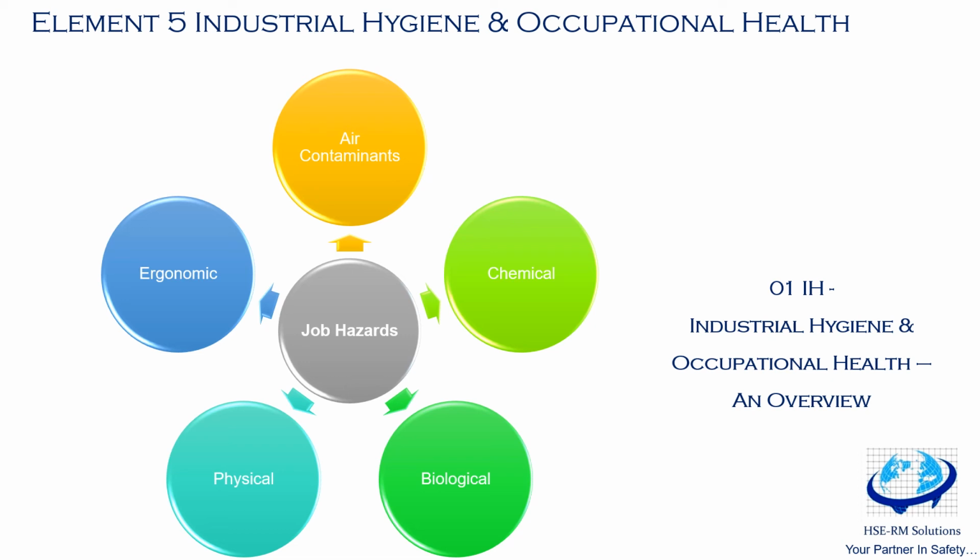These processes have specific names. How do chemical hazards come in contact with us? Inhalation, breathing; absorption through skin; and ingestion through eating and drinking. So these are the ways chemicals enter our body.